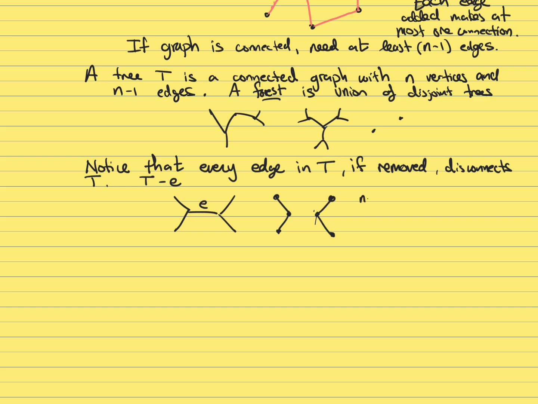Here we only have n minus 2. Such edges are called bridges.